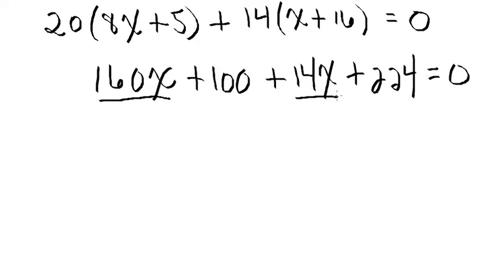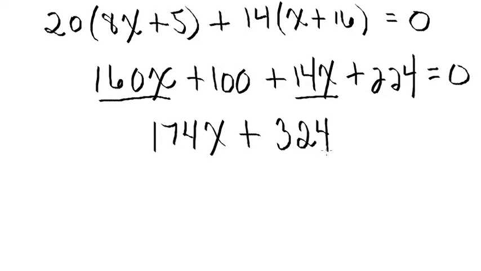Remember, 160 is a coefficient, 14 is a coefficient, and our constant terms are 100 and 224. So we've got 160x plus 14x, and adding those together we get 174x, plus 100 and 224, which is 324. And we'll set all that equal to 0.